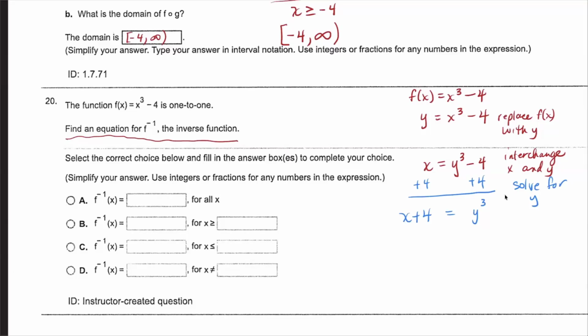I want y. So that means I need to take the cube root of the y cubed. But if I take the cube root of y cubed, I have to take the cube root of the whole other side. That's the x plus 4. Has to be under the radical. And the cube root means you put a little 3 in the index. Not the square root, but the cube root.